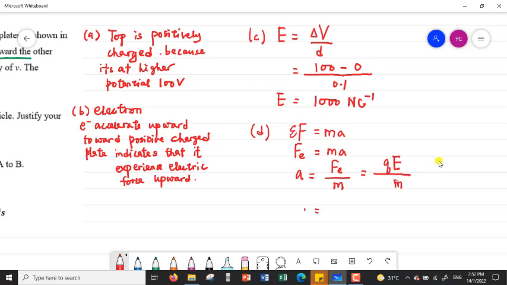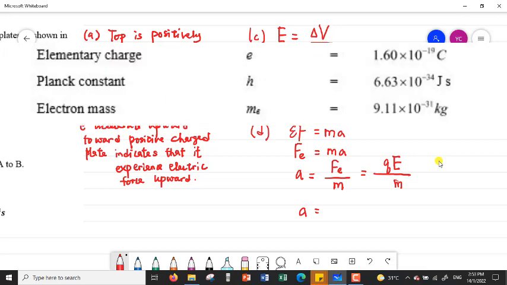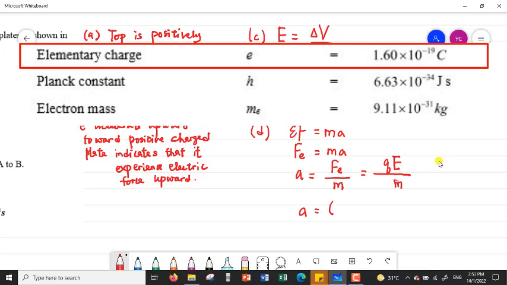So I put in the values. The elementary charge for one electron. So satu biji electron, berapa charge dia? You might refer to the list of constants. The elementary charge for one electron is 1.6 to the power of negative 19.